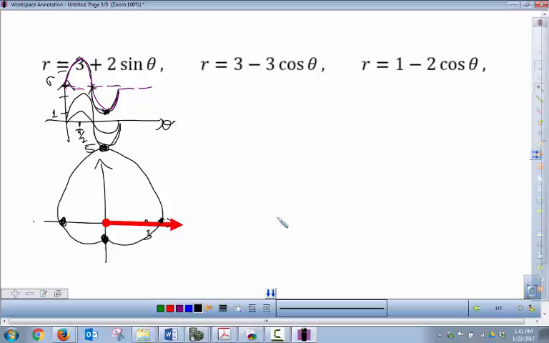All right. So this is called a cardioid, named after a heart. So if we did negative 2 sine theta minus 3, I think if you graph this, it'll actually look like a heart.